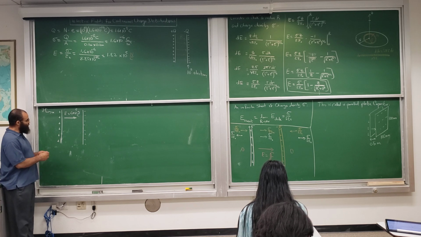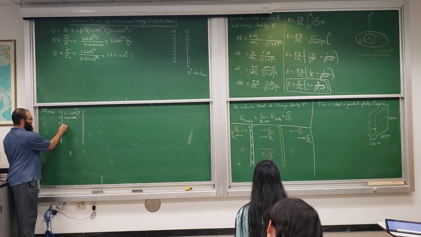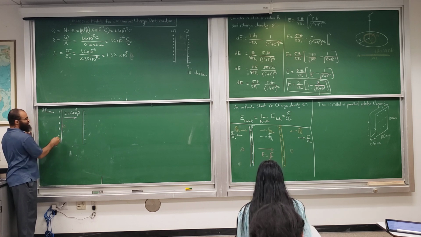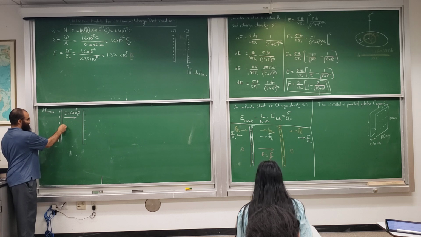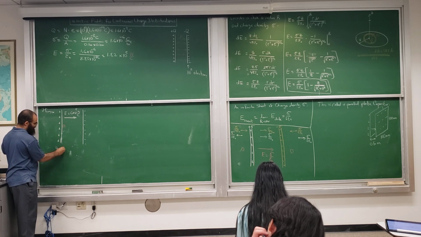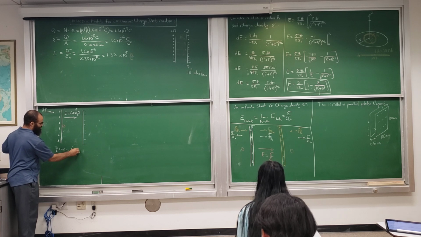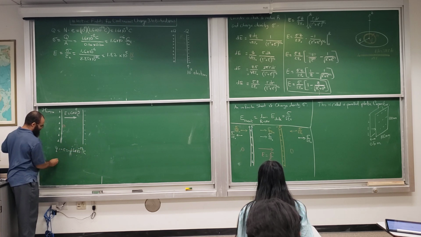Here's what we're going to do. We're going to place an electron here. Electrons have a minus charge, right? As you know, the charge of an electron is minus e, which is minus 1.6 times 10 to the minus 19 coulombs.